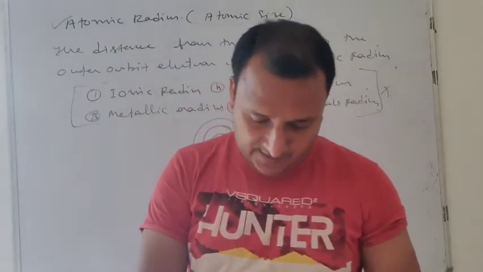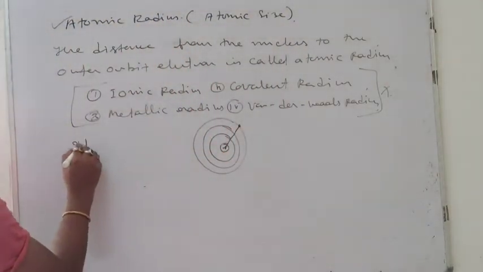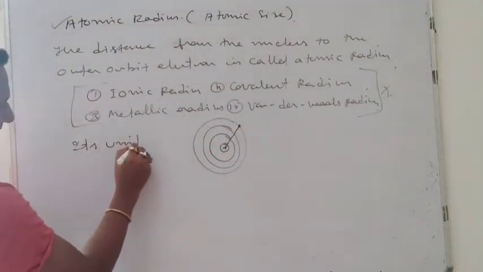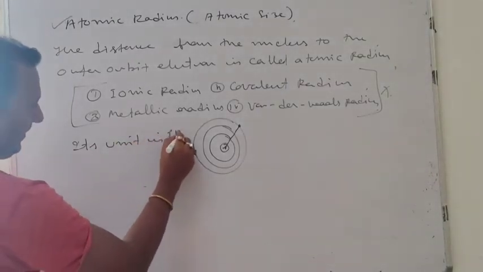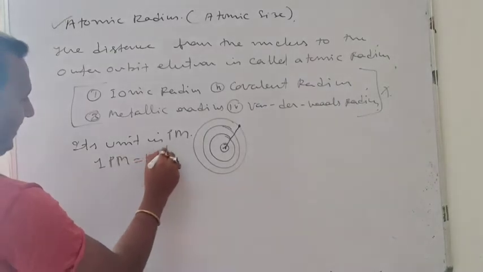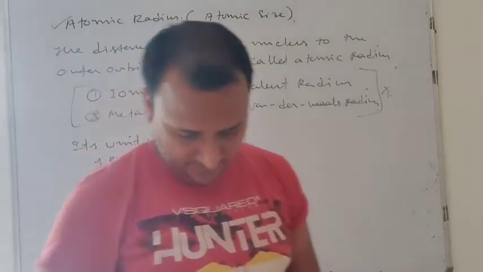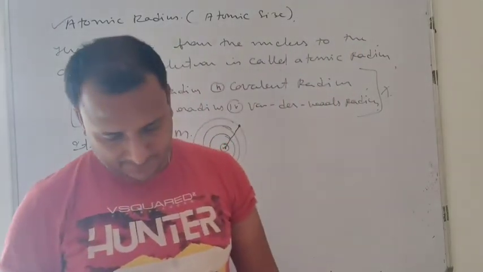Now, the unit of atomic radius is picometer. 1 picometer is equal to 10 to the power minus 12 meter.